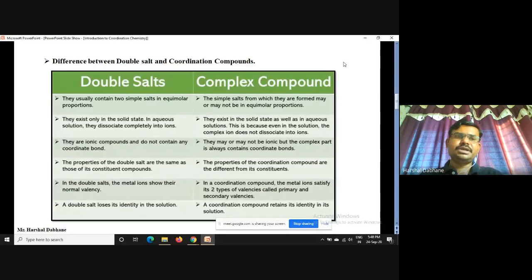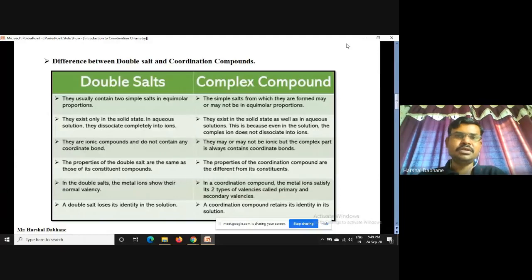First, double salts usually contain two or more salts in equimolar proportion. As we already discussed in the preparation of potassium alum, we take potassium sulfate and aluminum sulfate in equimolar proportion, and we get the alum. Here, in coordination complexes, only one salt is present, because we have only one metal.